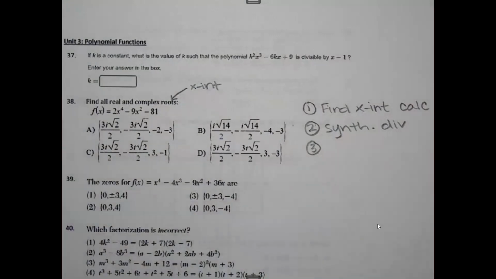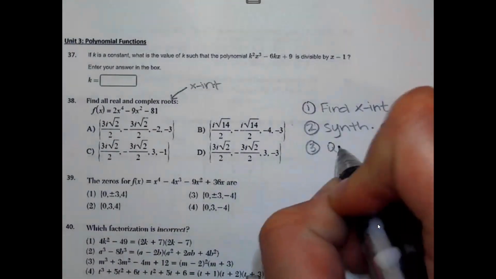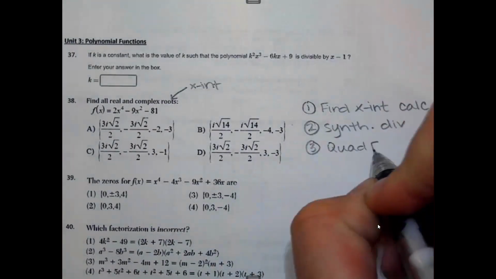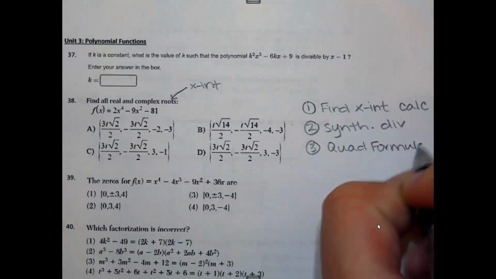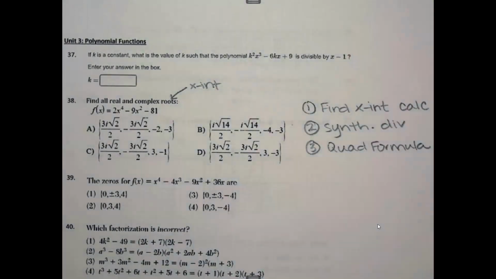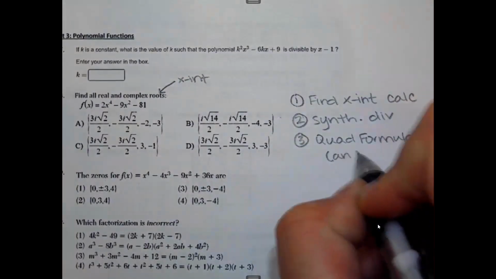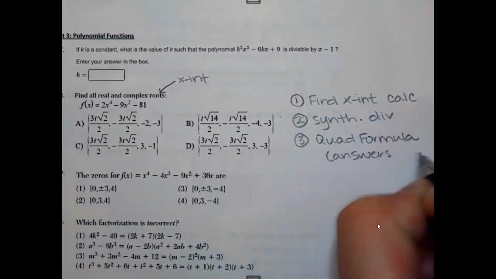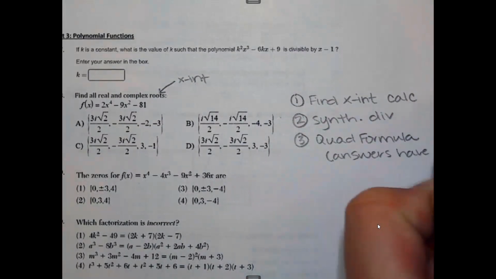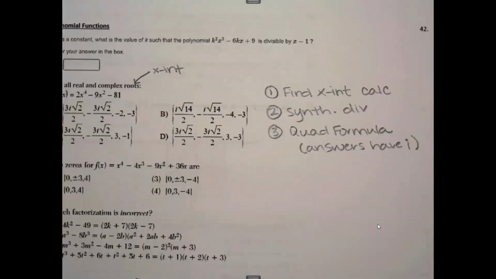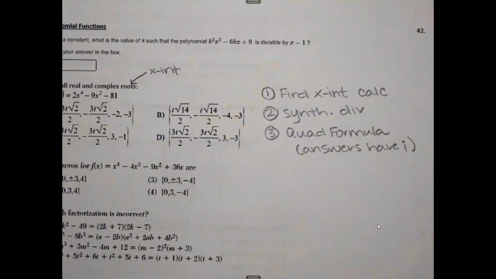And then when you were done with that, you were left with a quadratic, and you did the quadratic formula. When you did the quadratic formula, you were always going to get an answer with an i in it, because if they had been real, they would have shown up on the graph.